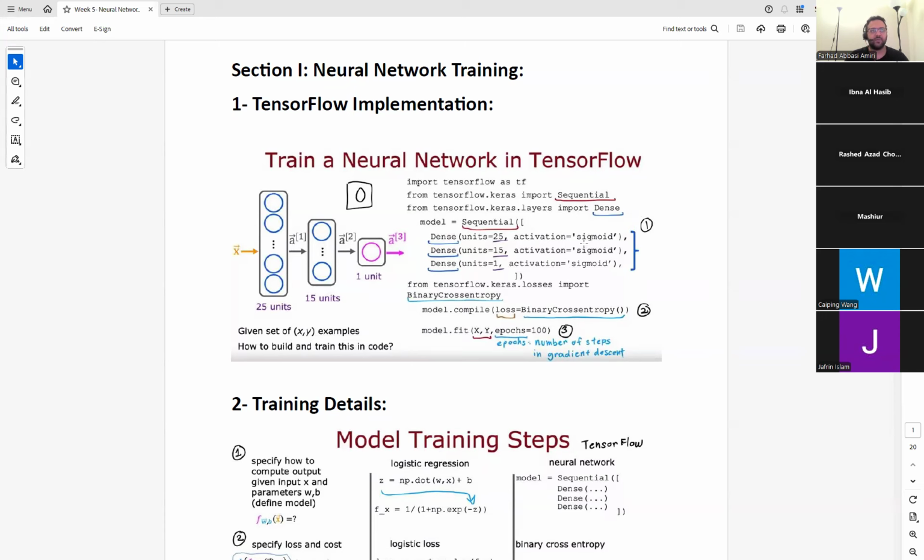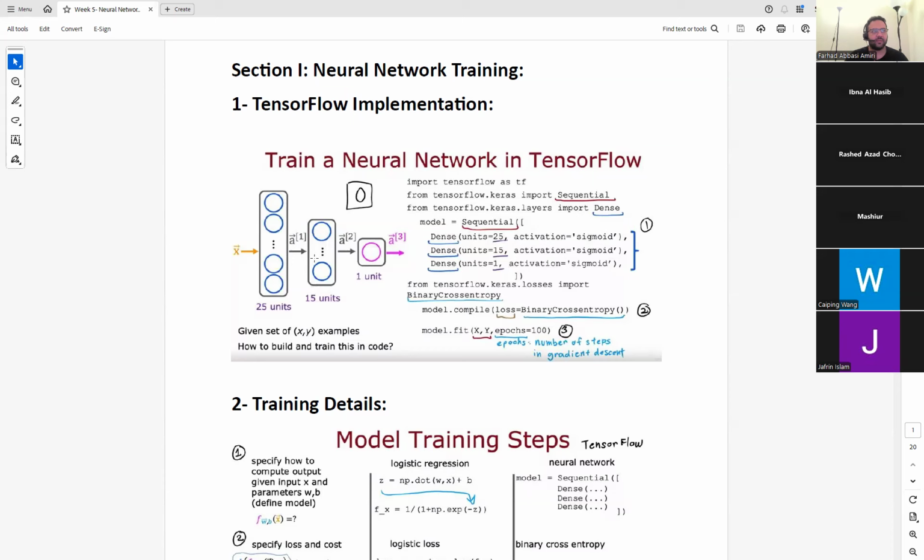Let's continue with the sigmoid function. In the following slides, I'm going to introduce new activation functions, and then you can use them for the different layers in a neural network. But for the sake of simplicity, let's stay with the sigmoid function.